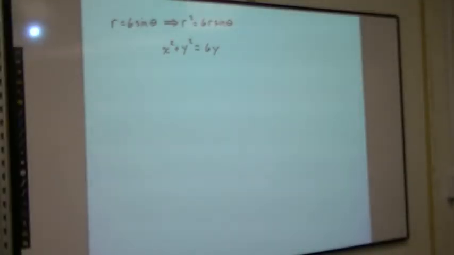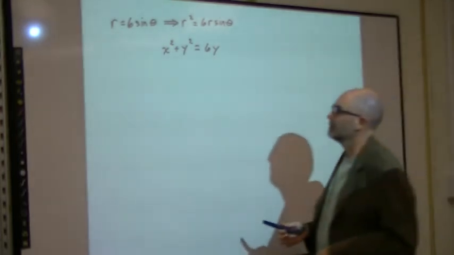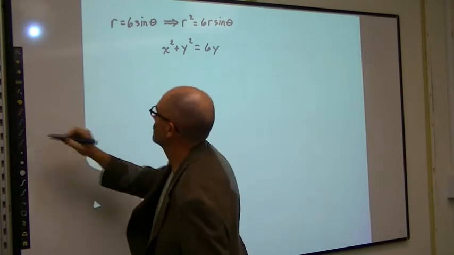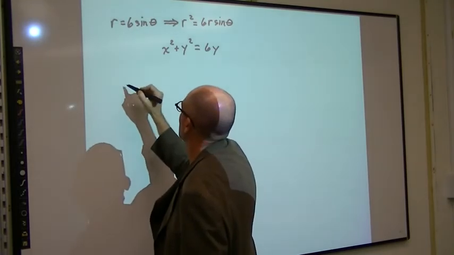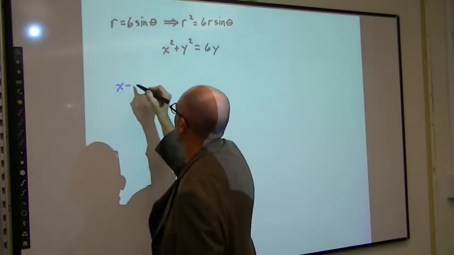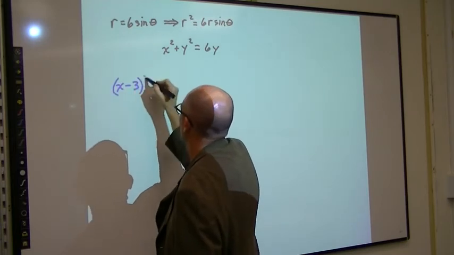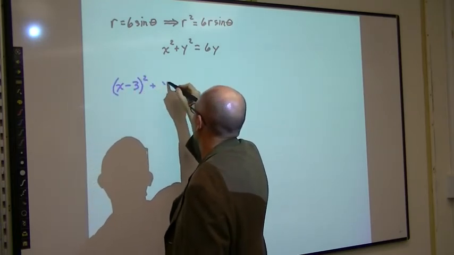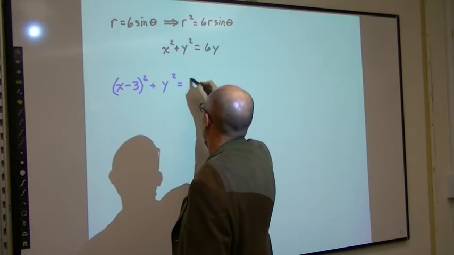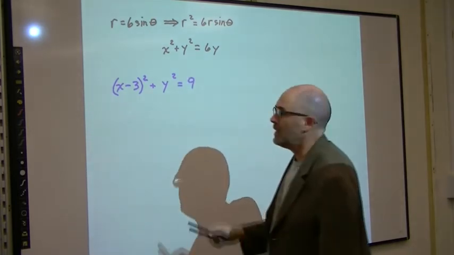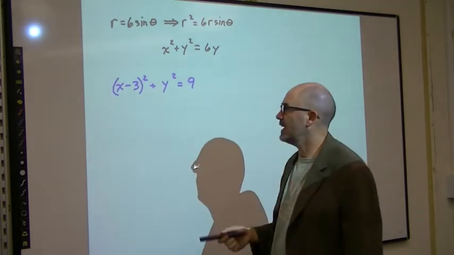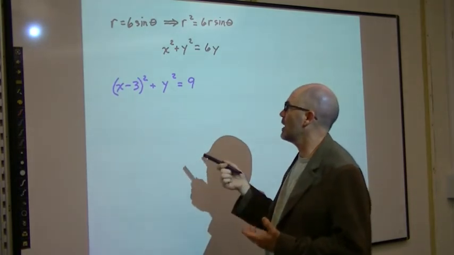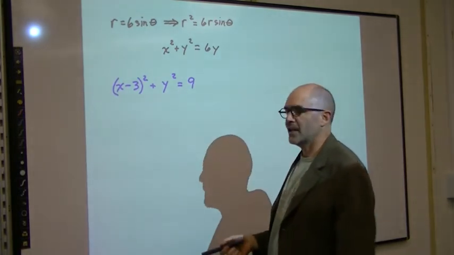We have x minus 3 quantity squared plus y squared equals 9. All right, now, this is an equation with x and y in it, and I need to change it into an equation that's got r and theta in it.